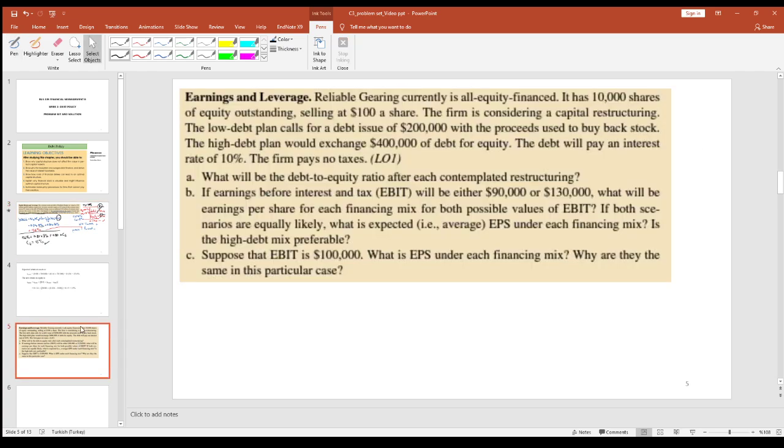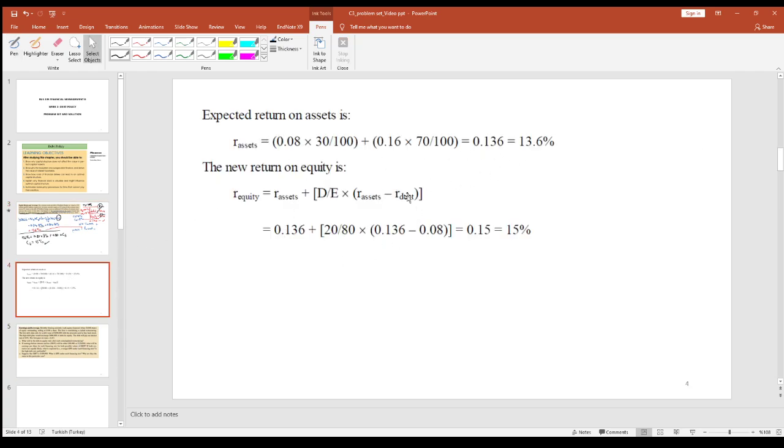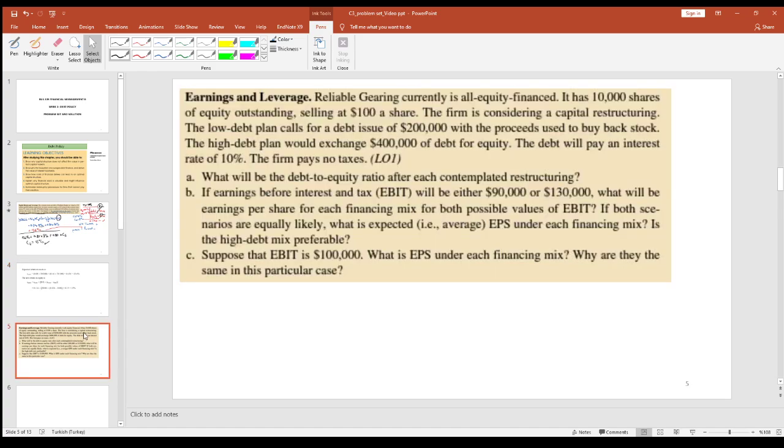So let's move on. Here I also brought and explained the solution in this form from your textbook. So we have this problem. This is a little bit tricky problem and a little bit longer than the others. So let's take a look. Reliable Gearing currently is all equity financed.